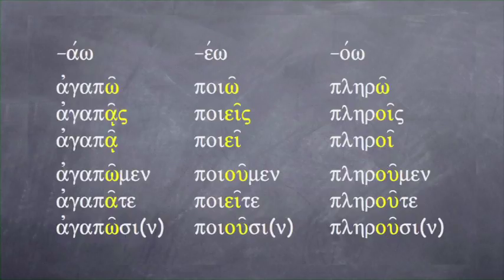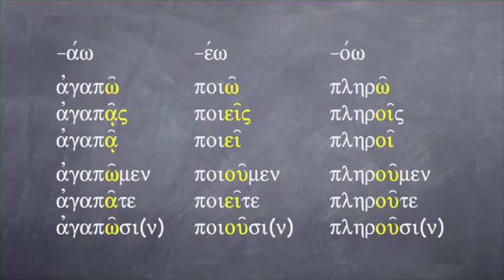And by the way, here's a good reminder for remembering the rules for the connecting vowel. Look at this first person plural form, poioumen. Well, what's the vowel before the mu? Well, it has to be an omicron, right? All right. So what vowel is contracting with it to form an ou?